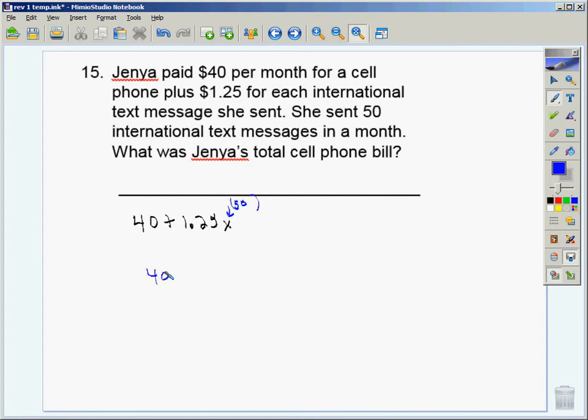This becomes 40 plus 1.25 times 50. 1.25 times 50 is 62.50. And if I add 40 and 62.50, I get 102.50. So her phone bill is going to run her $102.50.